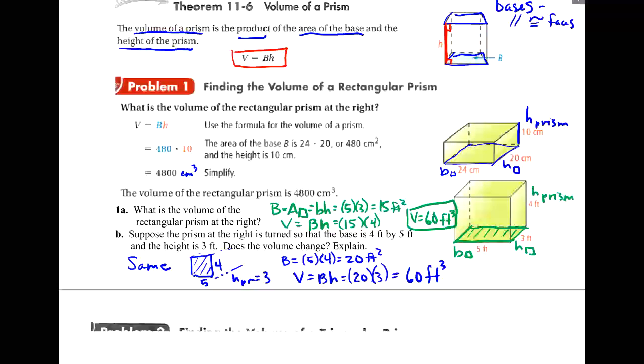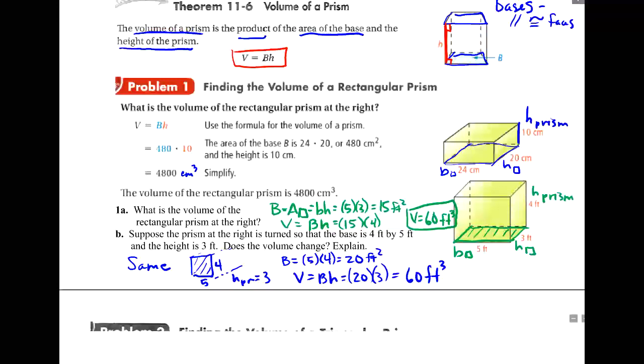And then it asks us, suppose that that same prism is turned so that we consider the base to be the 4 foot by 5 foot side. Well, that's like either flipping it over on its back or its front, or just considering to have our base here. Now we know no matter which way we turn our stack of papers, the volume does not change, so the volume is going to be the same.